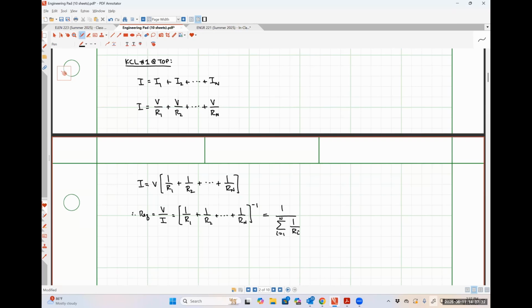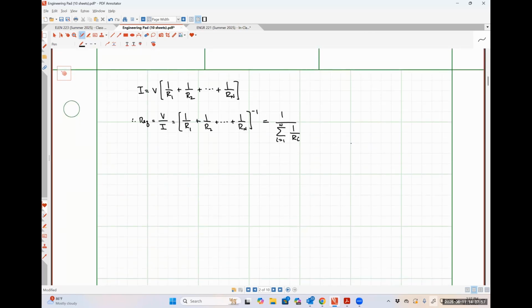Okay. So this is the method for combining parallel resistances that you guys were introduced to back in the Engineering 120 series. I want to add a couple of more little things to think about for us now that we're in kind of a higher level class, okay?